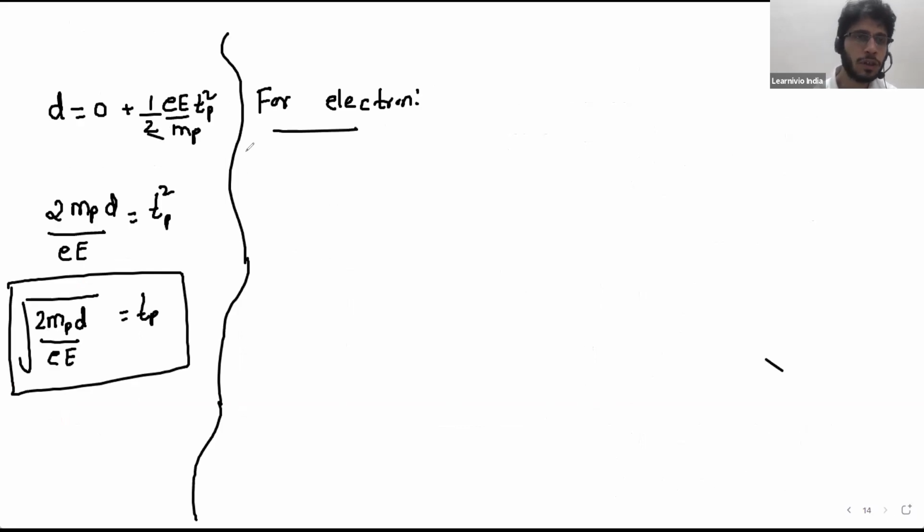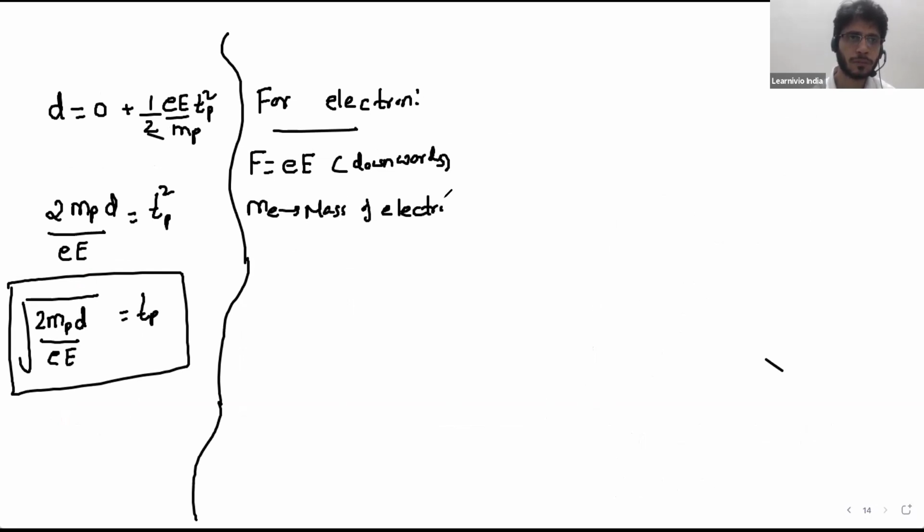So for electron, the magnitude of force is the same. It's eE because the charge on electron and proton is the same. Just the direction of force is different. It's downwards now. So if m_e is the mass of electron and a_e is the acceleration of electron, then a_e is F by m_e.